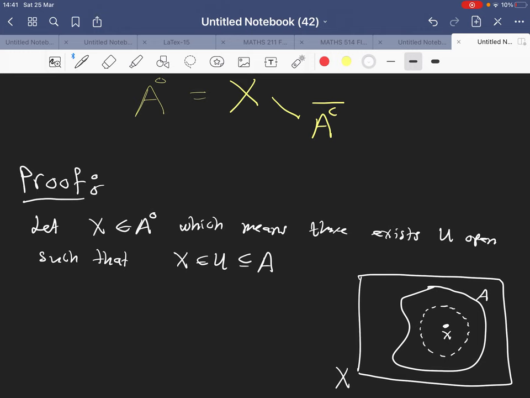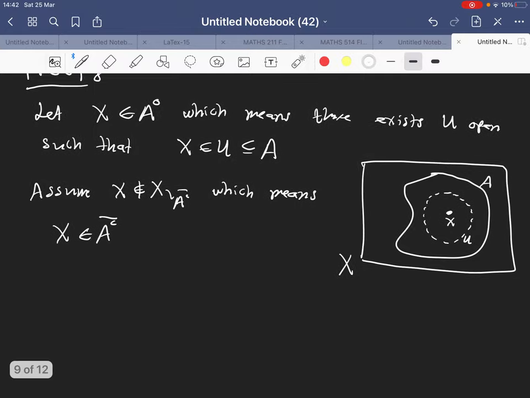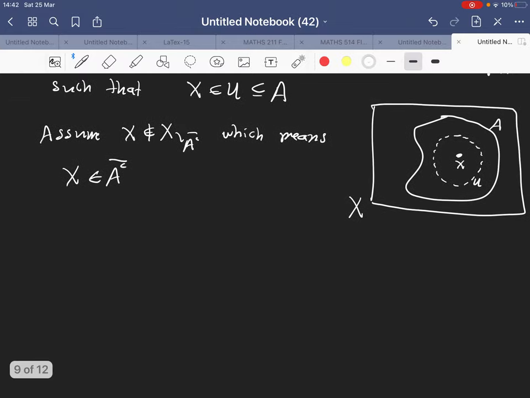Something like this. This is U, and U is open. Now, to prove this one, I will use proof by contradiction. So I will assume X does not belong to the A complement closure complement, which means I will assume X belongs to the closure of the complement, which of course has two options.